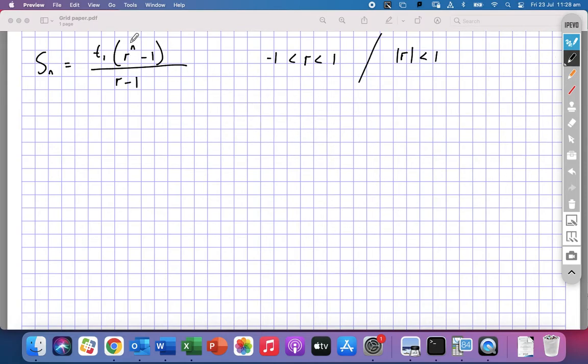So, in the formula here, basically what's going to happen is that this is going to tend towards 0. Right? And it would just leave you with the -1. I might actually write the formula this way. So it's like I'm pulling the minus out of these. I think I did that in class for you.